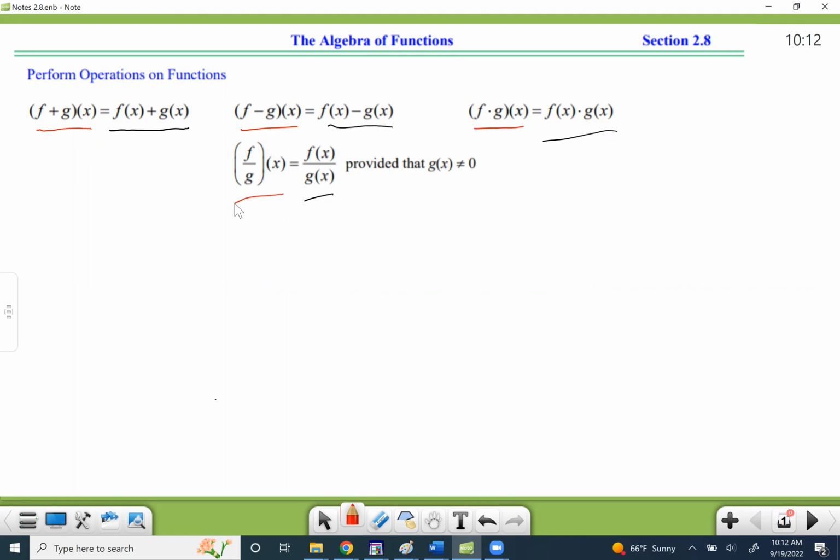This is not laziness, but so we can do math with speed. In this situation on the left, I don't have to write x twice. It can become cumbersome if you're doing math over and over to have to write the x twice. So this is another way of thinking: just take the function f and the function g and add them together. So they won't write the x two times.